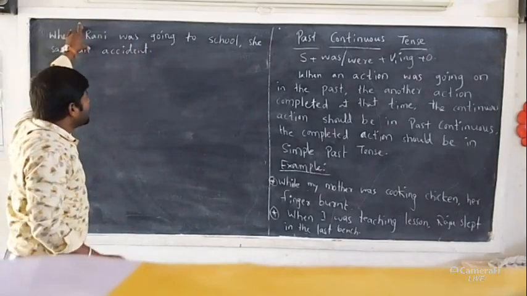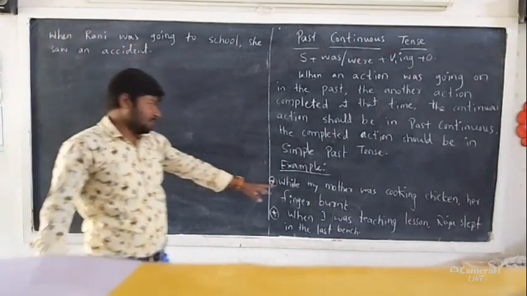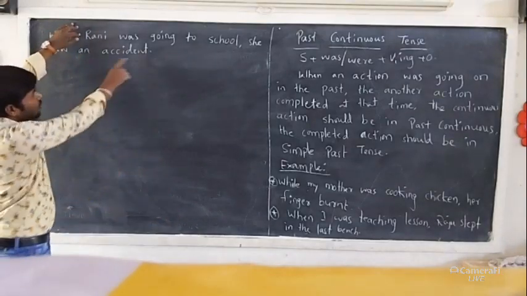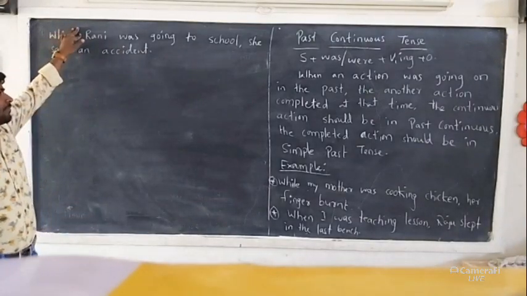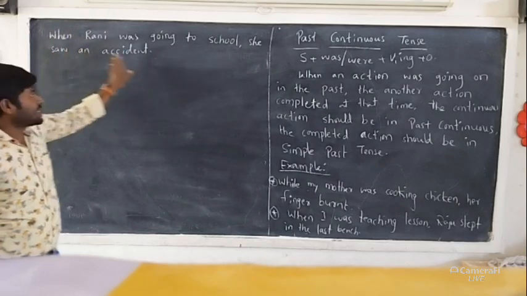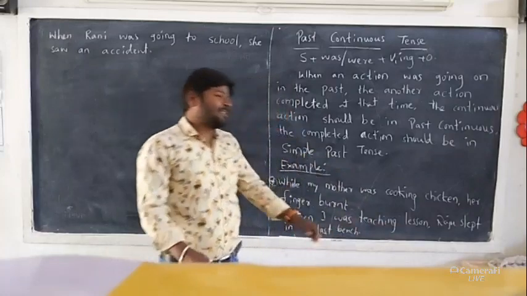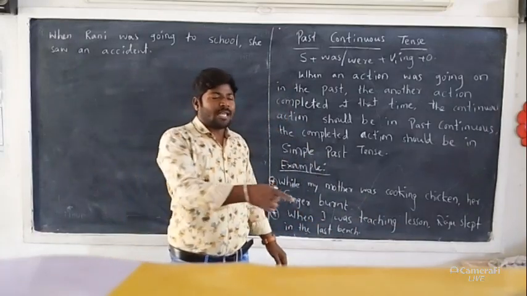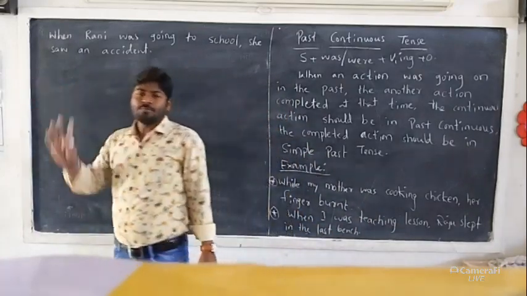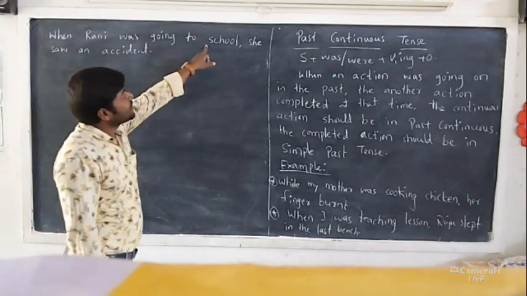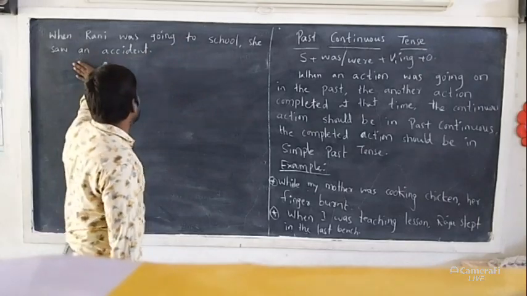So we can write while, or we can write when. Okay, so Rani was going to school at a certain time. So she saw an accident. When did she see the accident? She saw the accident when she was going to school. So continuous action, she was going. Completed action, she saw an accident.